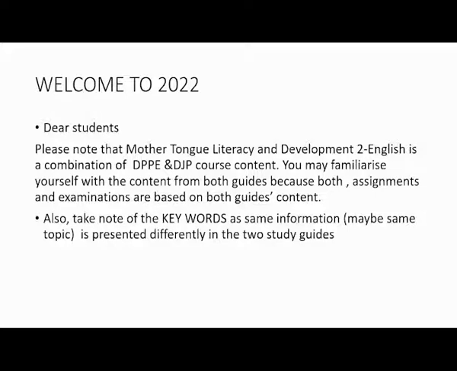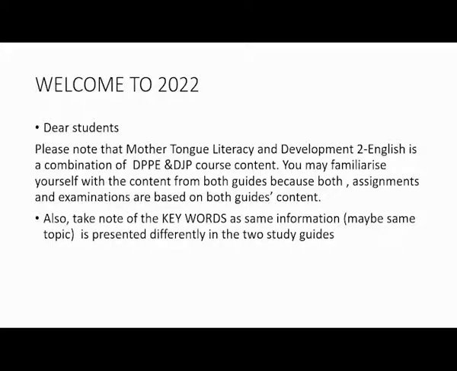So what I'm emphasizing here is that the assessments, that is the assignment as well as the examinations, are set in a way that they are taken from the two courses' content, that is DPPE and DJPE. So do make it your responsibility to acquaint yourself with the content of both courses.